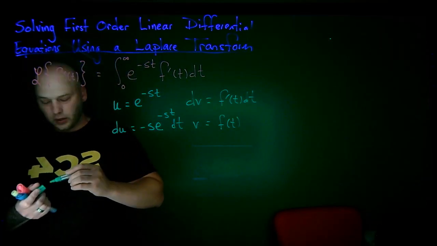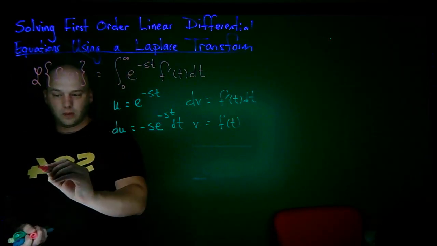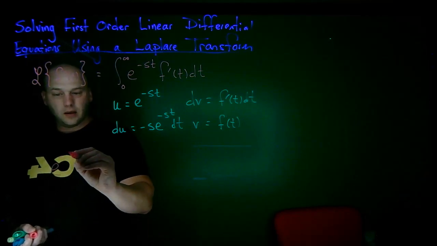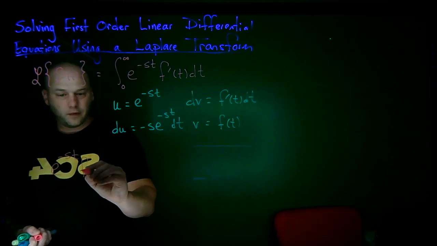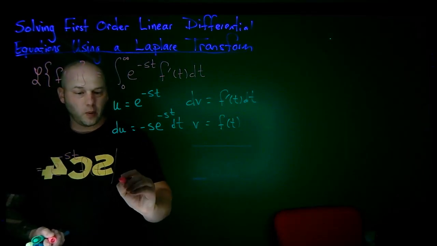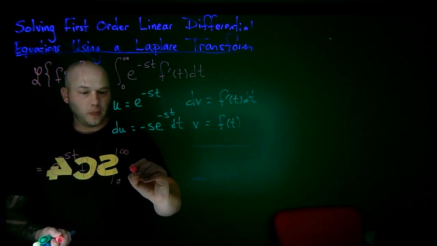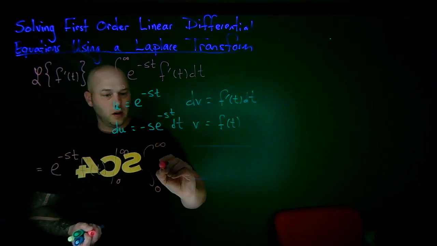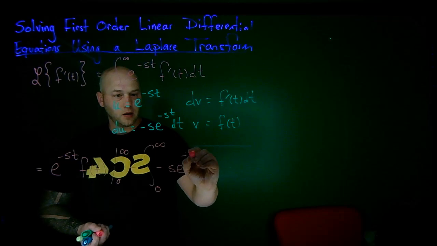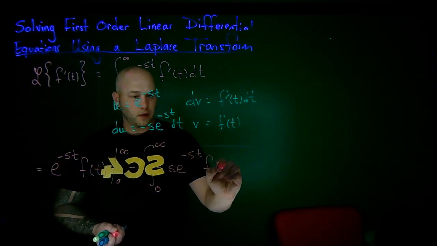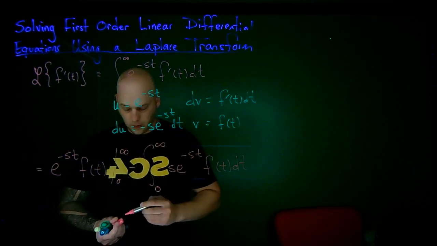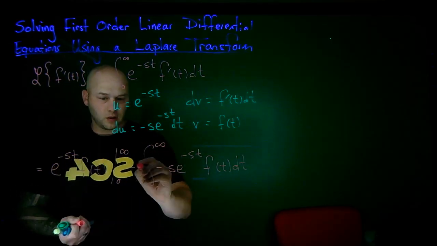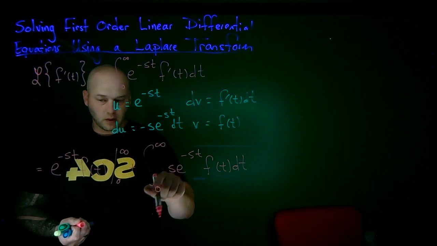So therefore, this is equal to e to the negative st f of t, evaluated from 0 to infinity, minus the integral from 0 to infinity of negative s e to the negative st f of t dt. Now, certainly I can take those two negatives and turn that into a positive, so let's just go ahead and get rid of that.